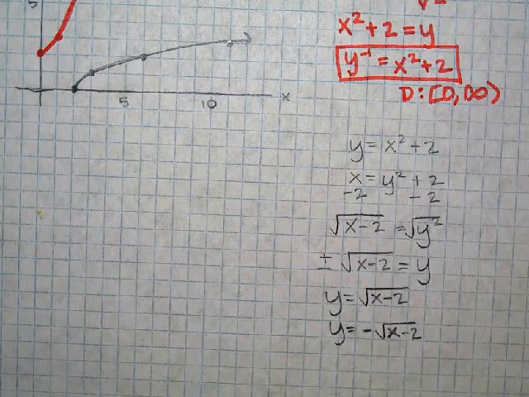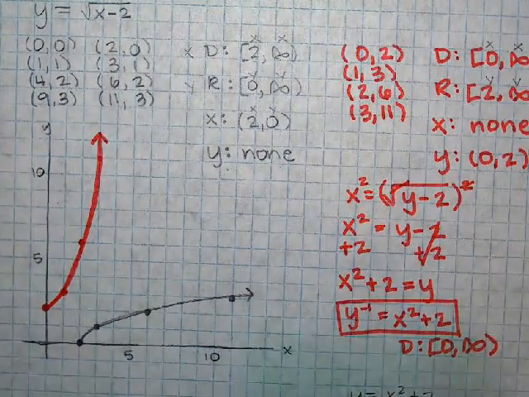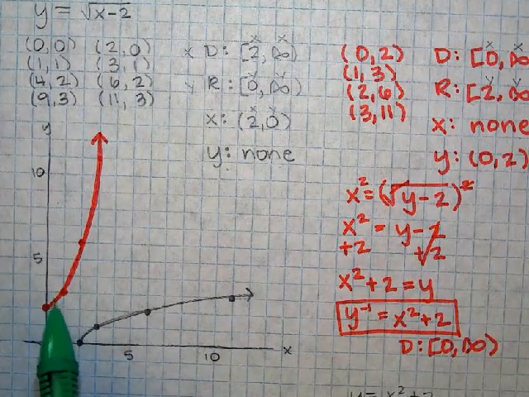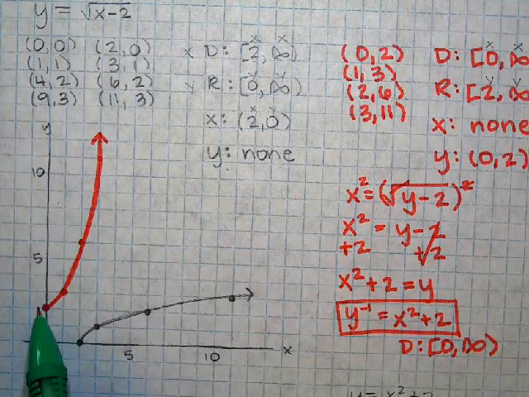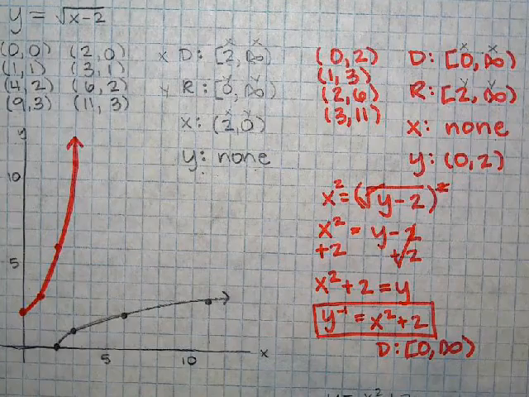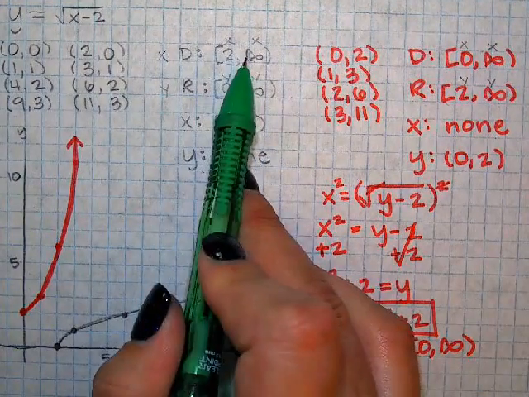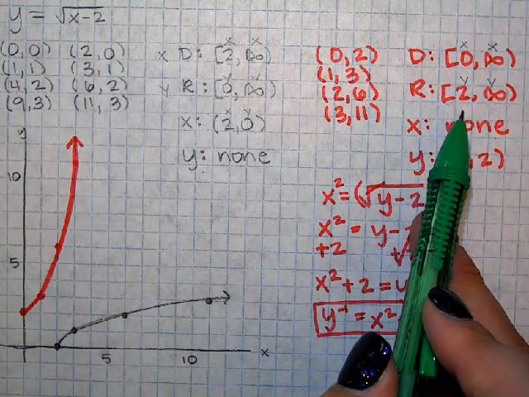So for today, you're going to see things where we're dealing with only half a parabola, not the whole parabola. Any questions on what I just showed you? Does that make sense? Do we see how the domain can go to the range of the inverse? Can we see how the range can go to the domain?